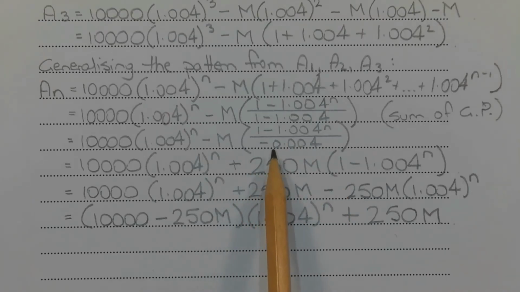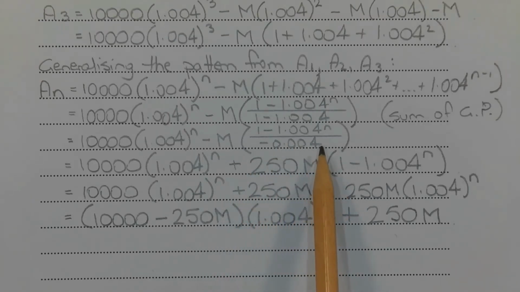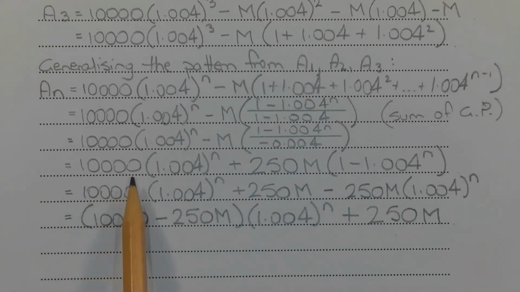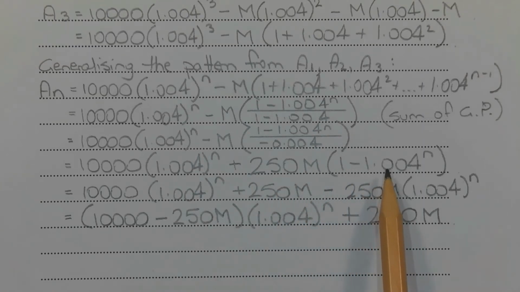Dividing by 0.004 is equivalent to multiplying by 250. So AN is equal to 10,000 times 1.004 to the power of n plus 250 times M times (1 minus 1.004 to the power of n).